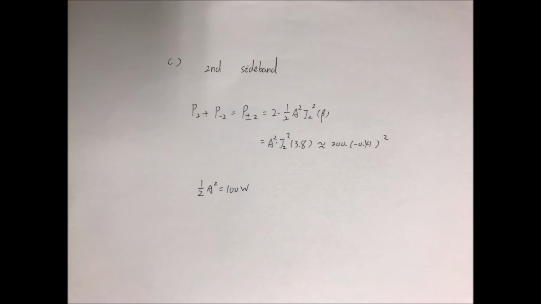Isn't this supposed to be 50 watts, since A equals 10? He's saying, should we divide by the resistor, the 50 ohms, if we ask you the amplitude?